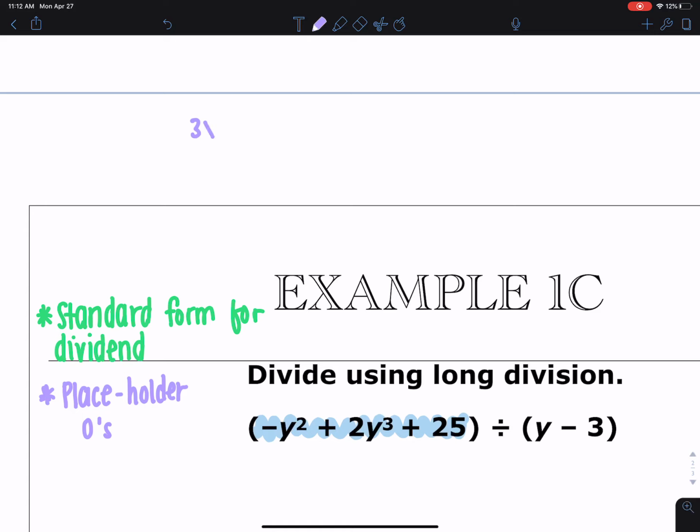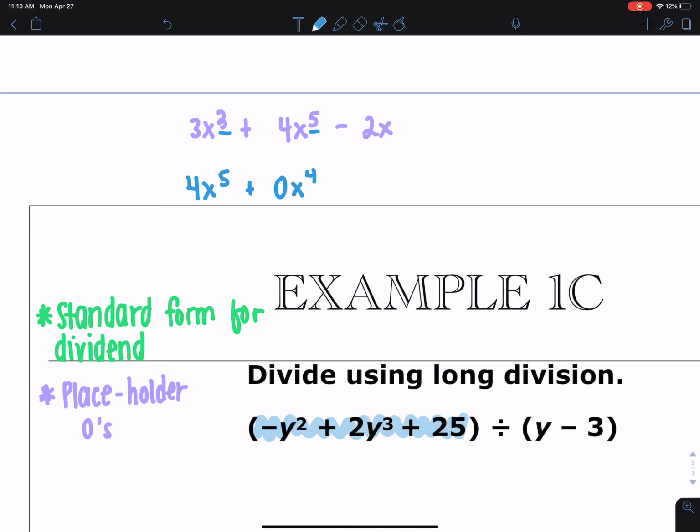Let's say we have 3x to the third plus 4x to the fifth minus 2x. We start with our highest exponent, which would be 4x to the fifth. We don't have an x to the fourth term, so we would have to put in a 0 x to the fourth. It doesn't change the polynomial at all, but it'll make the division much, much simpler.